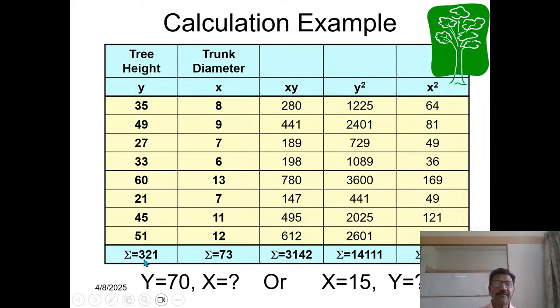The summation of y is 321. How many data points are there? 8 data points. 321 divided by 8 is the y cap. Similarly 73 divided by 8, because 8 samples are there, and whatever value comes is nothing but x cap, x dash.